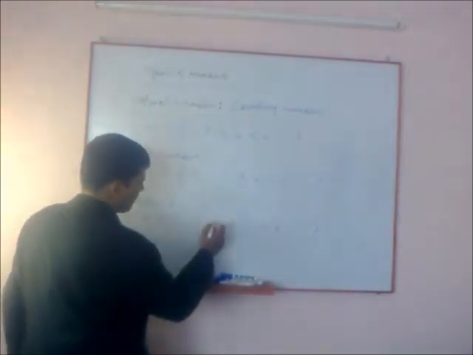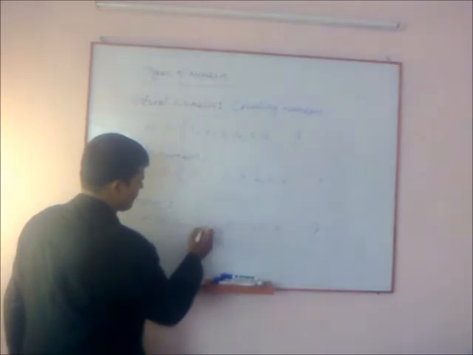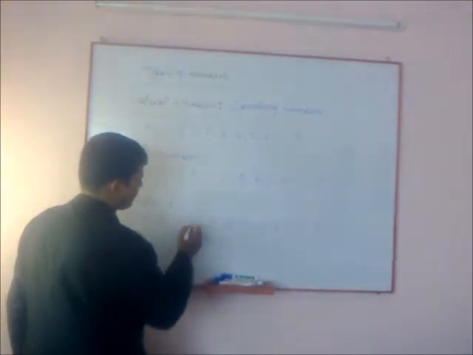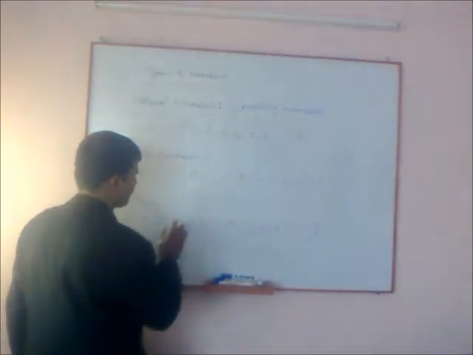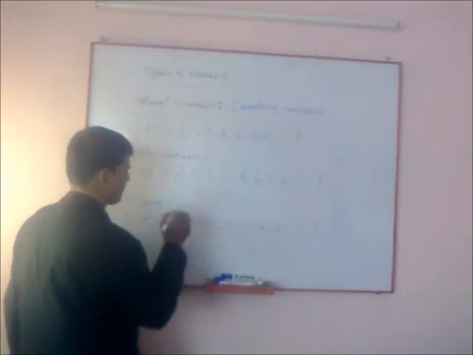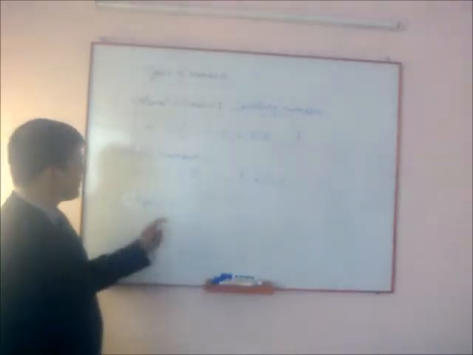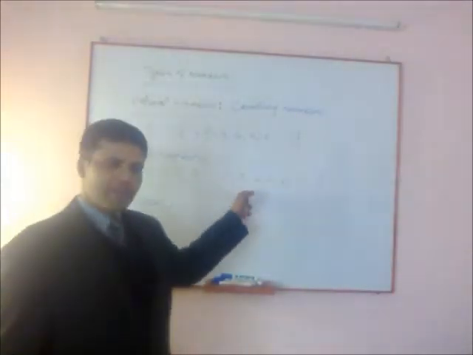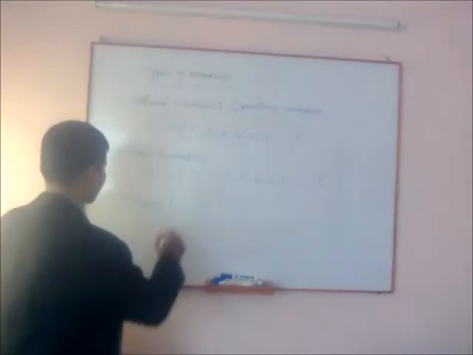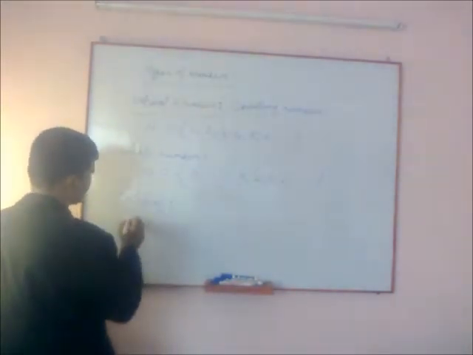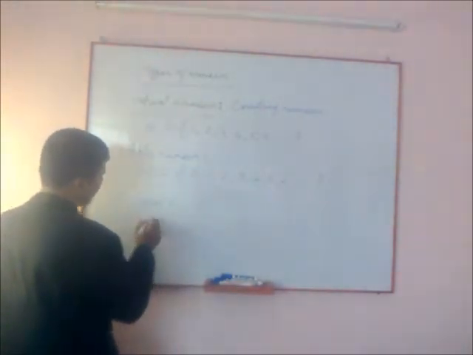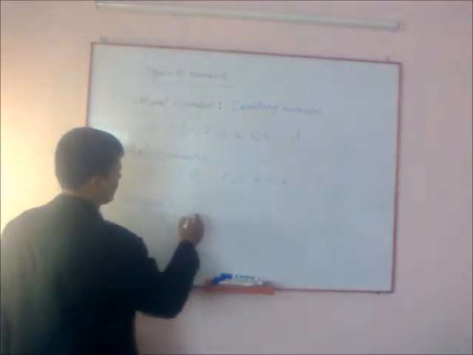Then minus 1, minus 2, minus 3 and so on. Integers include all the whole numbers and their negatives. It means set of integers denoted by I or Z equals.